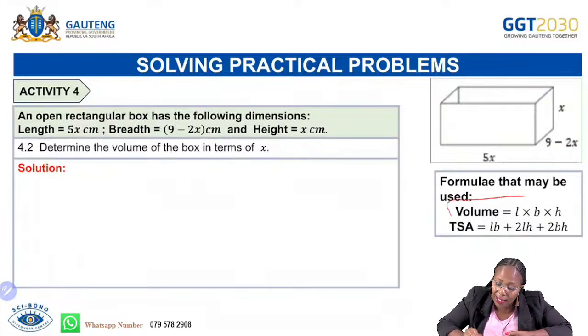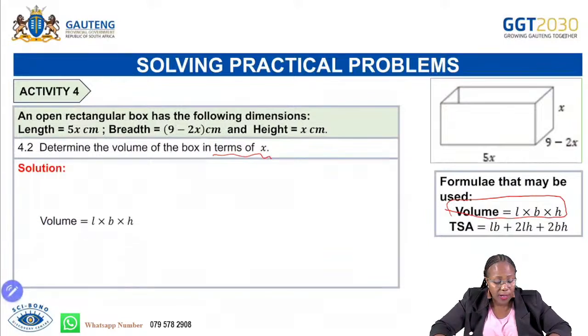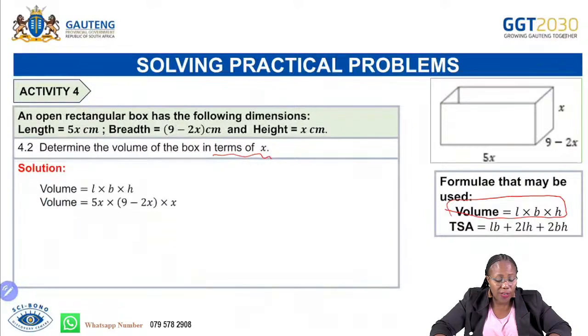So we are relying on this equation in terms of x, okay? The volume will be LBH because it's a box, length by breadth by height. Then we are going to substitute our length 5x, the breadth 9 minus 2x, and the height x from the given information or from your diagram there.